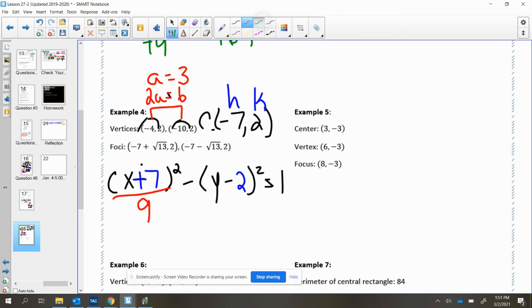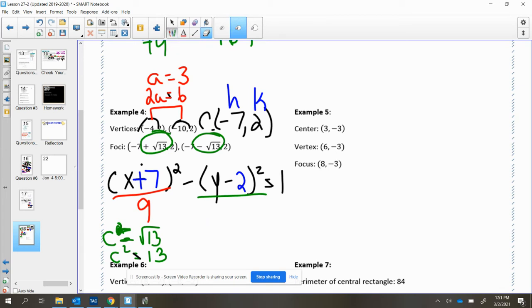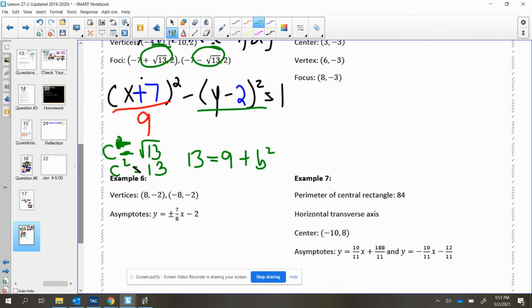Now, notice these foci are dealing with the C parameter, and we're adding or subtracting the square root of 13, which is basically telling us that C itself is the square root of 13, which means C squared then is just 13. So in order to find parameter B, which is what we need here, we're going to take C squared, and that's going to equal A squared plus B squared, what we're looking for. So 13 minus 9 gives us a B squared parameter of 4.